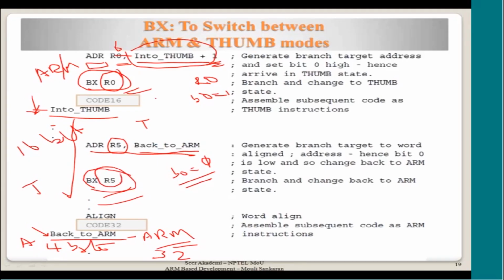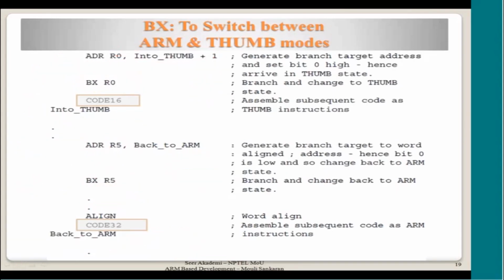Remember, this could be any register, as long as the register is loaded with the address of the instruction, this will work. So I hope this is clear to you. Even if you have not understood fully, don't bother. When we talk about Thumb mode, it will become much clearer, but it is part of the BX instruction. I thought I would explain how the mode changes happen using these instructions.